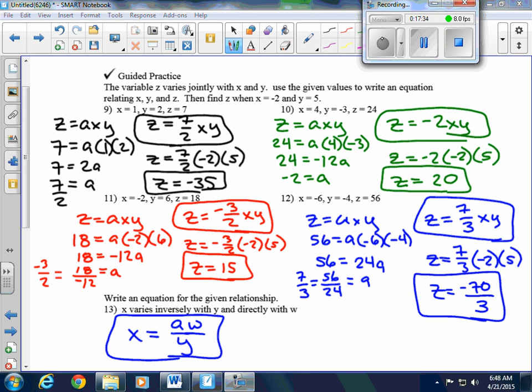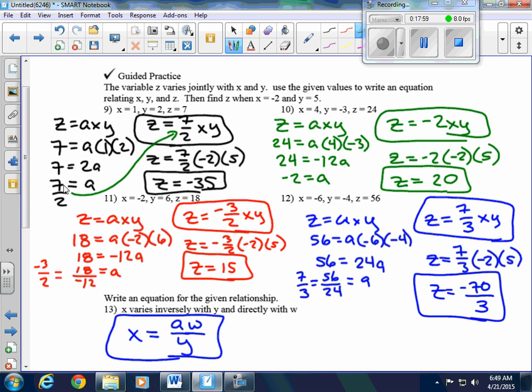And here are the answers to the guided practice questions. Notice on all of these problems, we have to plug in the values we have for x, y, and z to find a. We're always solving for the constant of variation. Then to get our inverse, or our joint variation, what we're doing is we're taking this a and plugging it in.